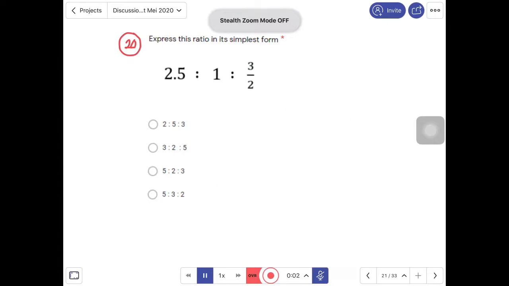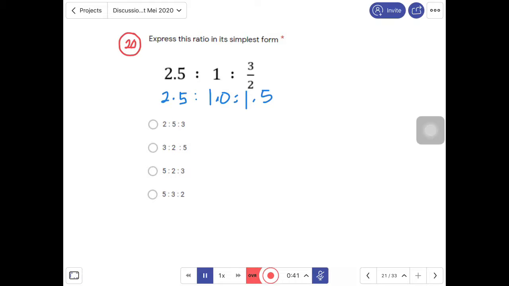Okay, before we can simplify the ratio, first you can see that the numbers given here are in mixed form. This is decimal, whole number, and fraction. So it's easier if we change all these numbers into one type of number. We have to change them into a whole number. So first I will change all the numbers into decimal. So 1.0 and 3 over 2 is equal to 1.5.